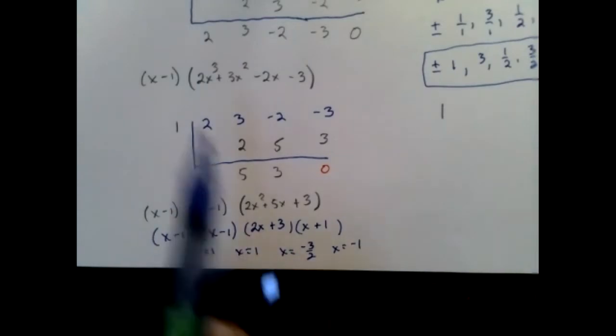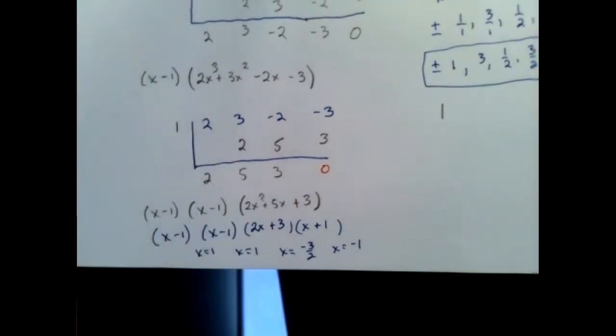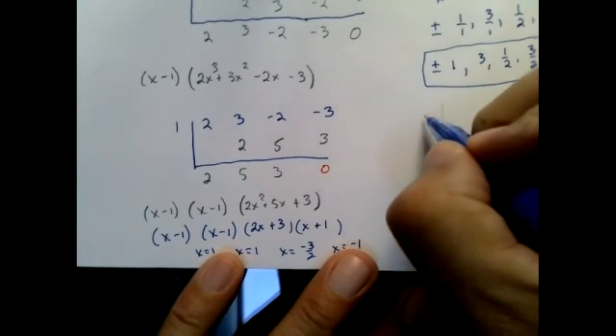So what we're saying here is I could have tried negative 1 up top, and it would have given me a 0. I could have tried negative 3/2 up top, and it would have given me 0. No, for real? Really? Yeah. Show us. Okay, I will.